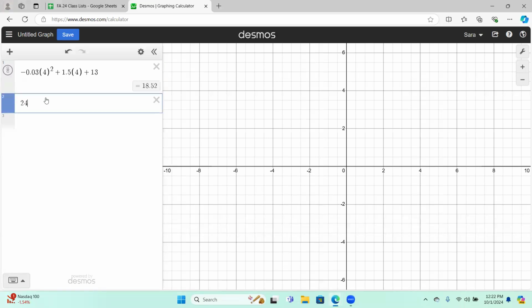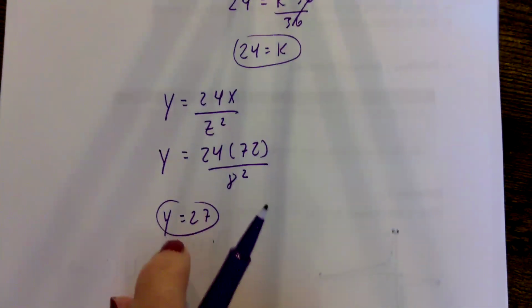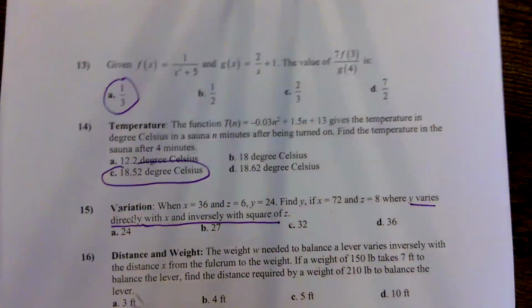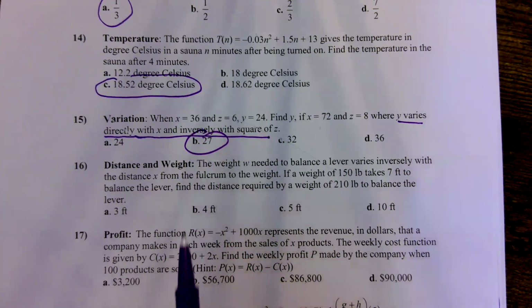So 24 times 72, 1728 divided by 8 squared is 27. So I came up with 27. So B is the correct answer for that one.